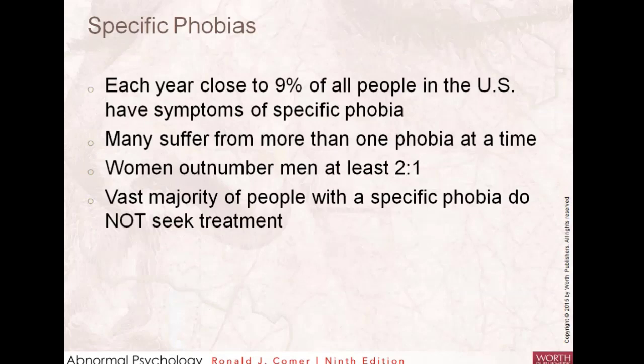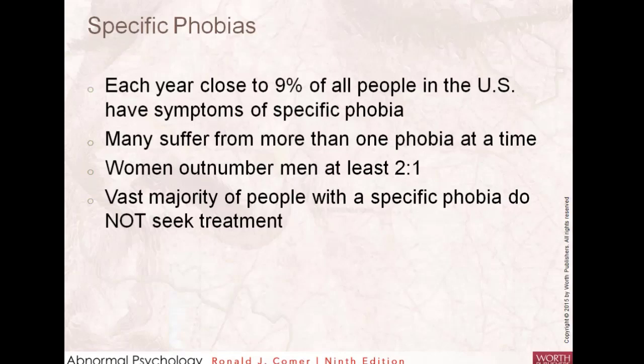All right, so every year, close to 9% of all people in this country have symptoms of a specific phobia. They may not be diagnosed, may not be recognized, and certainly may not be treated. It says that women outnumber men at least 2 to 1. This is true of pretty much all of the internalizing disorders, which would be things like anxiety disorders and mood disorders.